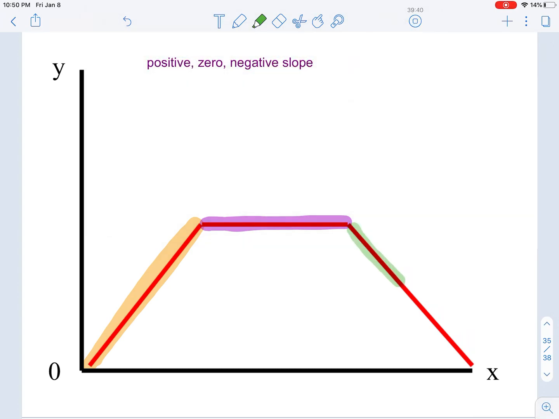And then in this segment, I have a third slope value. This is not the same as the first slope section highlighted in orange. Orange was positive, this is negative, okay?